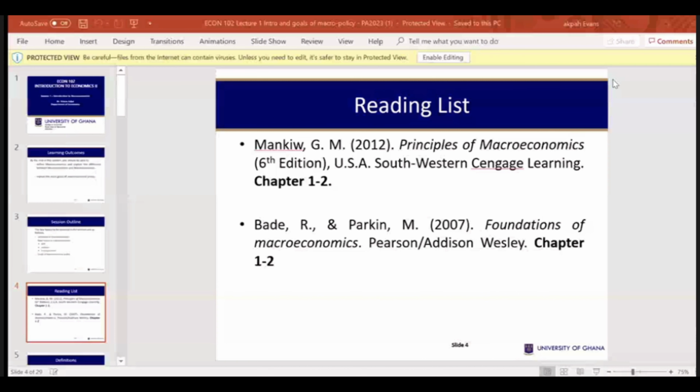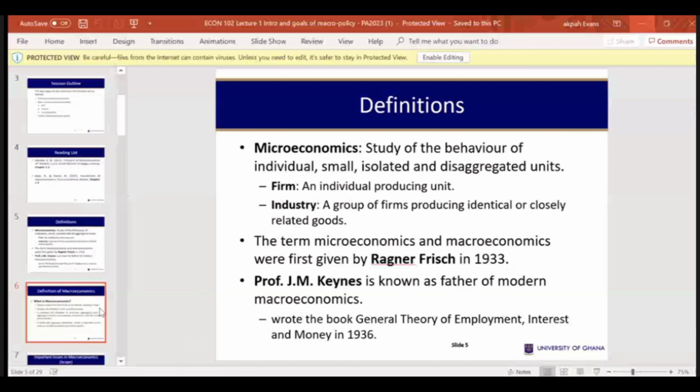The term macro is a Greek word which means large. It studies the behavior of the overall economy. Like I said, we are talking about how the economy as a whole is growing, price level, exchange rate, and unemployment. Unemployment is not an individual issue.